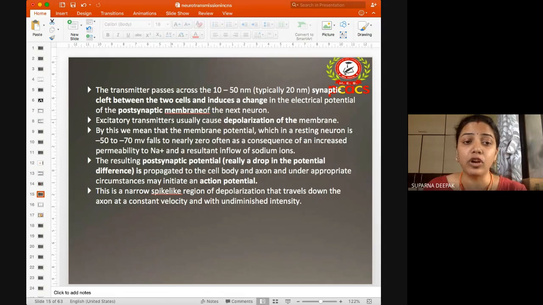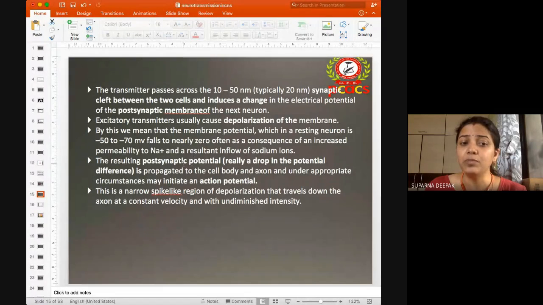So that is what we were talking about, that excitatory neurotransmitters usually cause depolarization of the membrane, as I've already explained to you. By this, we mean that the membrane potential of a resting neuron, which is minus 50 to minus 70 mV, falls nearly to zero, often as a consequence of an increased permeability to sodium ions and the resultant inflow of these sodium ions.